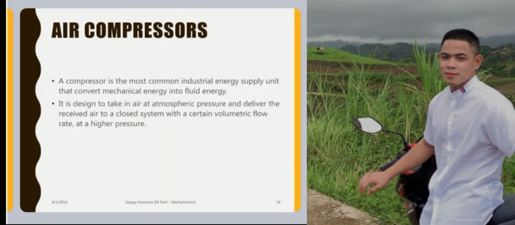Air compressor. A compressor is the most common industrial energy supply unit that converts mechanical energy into fluid energy. It is designed to take in air at atmospheric pressure and deliver it to a closed system with a certain volumetric flow rate at a high pressure.